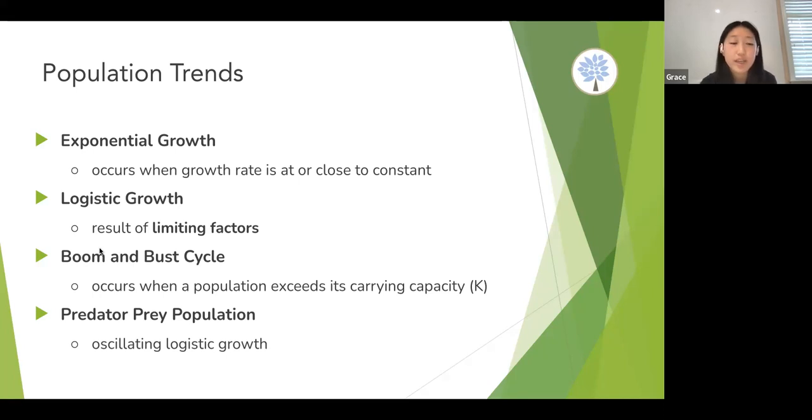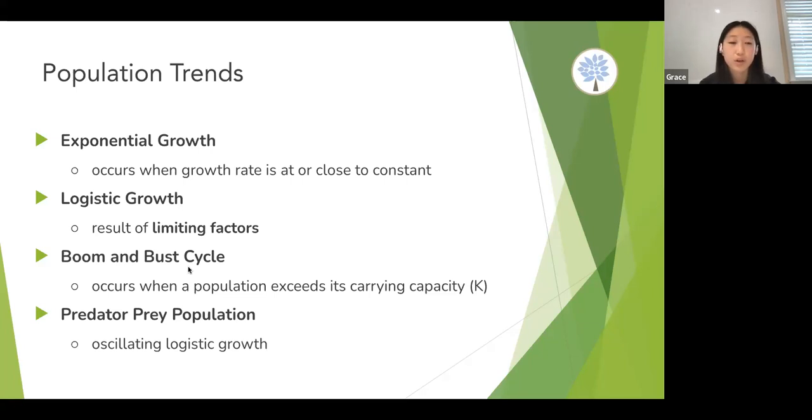The boom and bust cycle is when a population exceeds its carrying capacity, or K, as it's often denoted in science. A carrying capacity is the total mass of the species that can exist in its environment, in its habitat, before it runs out of resources.